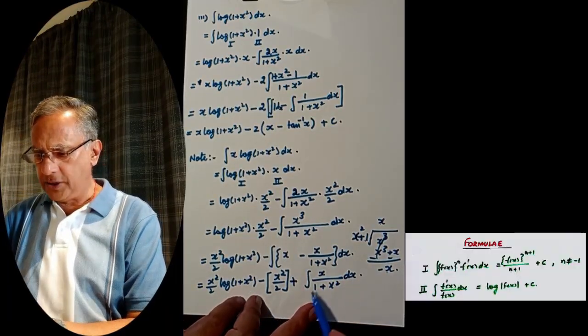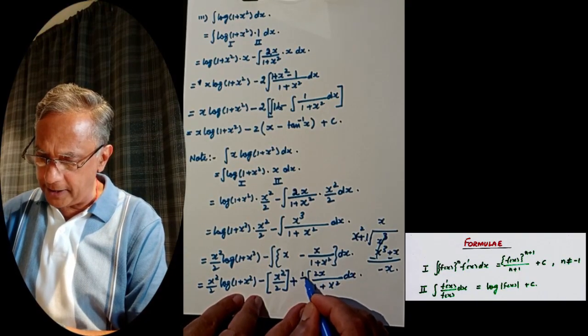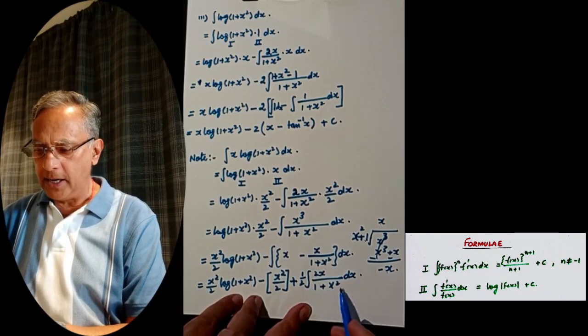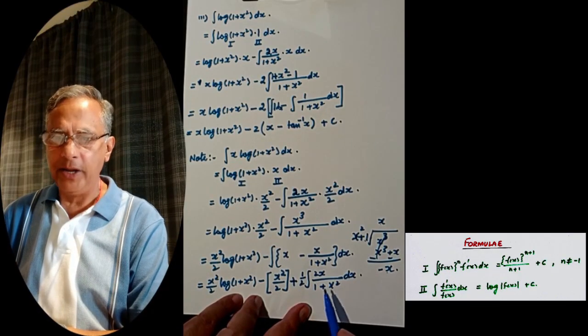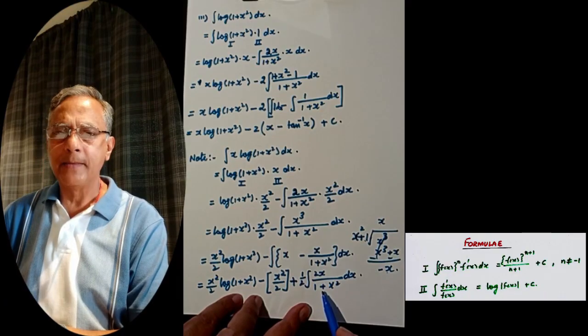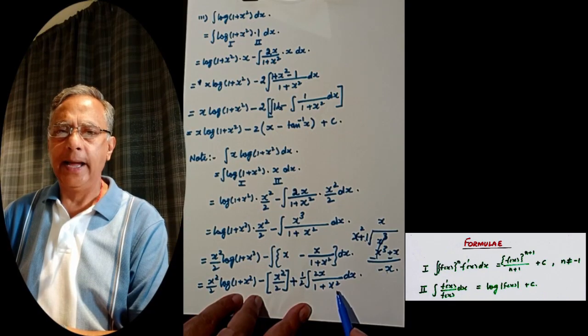Now differential of this is 2x. So if I multiply this by 2 and divide by 2, then this will be a complete integral. This is a complete integral. We have f dash x over fx. So integration of this will be log of 1 plus x square.